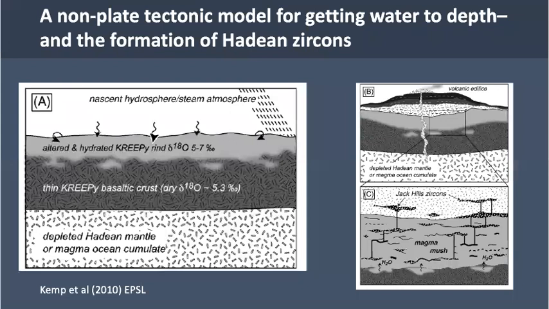A non-plate tectonic model for getting water to depth and then melting hydrated basaltic precursors to form granitoids is shown here in this figure from a paper by Tony Kemp et al., looking at the Jack Hills zircons, which we're going to step to next. So in this left-hand panel, what they have depicted in this cartoon here is a hydrothermally altered and hydrated basaltic crust that's at the surface.